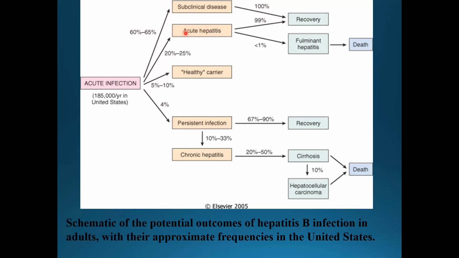But with acute hepatitis, about 99% of the time, it will result in full recovery. Very few cases go on to cause chronic hepatitis. You can see only 4%. So that's a very important point to keep in mind when you differentiate between hepatitis B versus hepatitis C, which is going to be exactly the other way around.